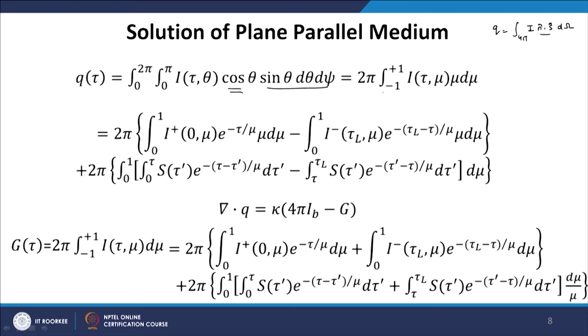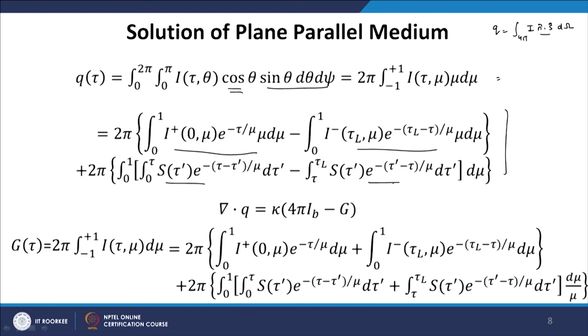Okay. Substitute the value. Now, we can split this integral into I⁺ and I⁻. So, I⁺ will be the value from 0 to 1 and I⁻ will be from −1 to 0. After substituting the expressions for I⁺ and I⁻ in this equation, the final solution for heat flux is basically 2π, then integration over the I⁺ term, similarly integration over the I⁻ term, and the two source terms, one term for each of I⁺ and I⁻.